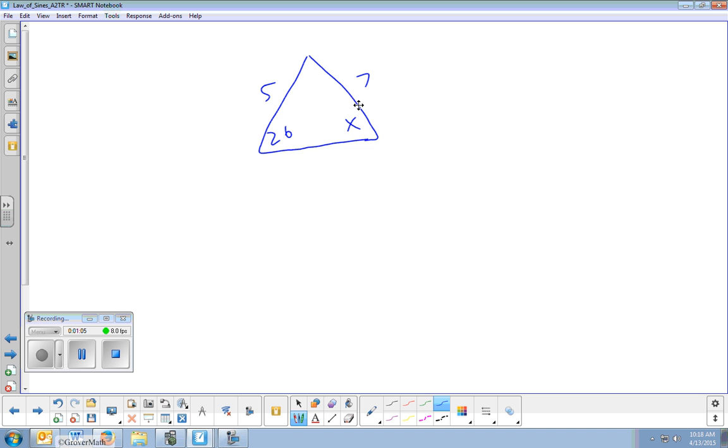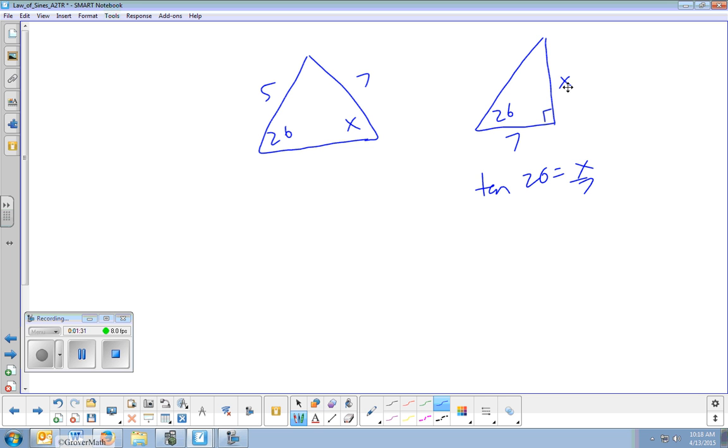But sometimes the question comes up, why can't we use just basic trig? Well, if I had a right triangle, or this was a right angle, and I wanted to know what this was, and I had a 7 here and a 26 here, then yes, I could do just basic trig here. I could say that tangent 26 equals x over 7.